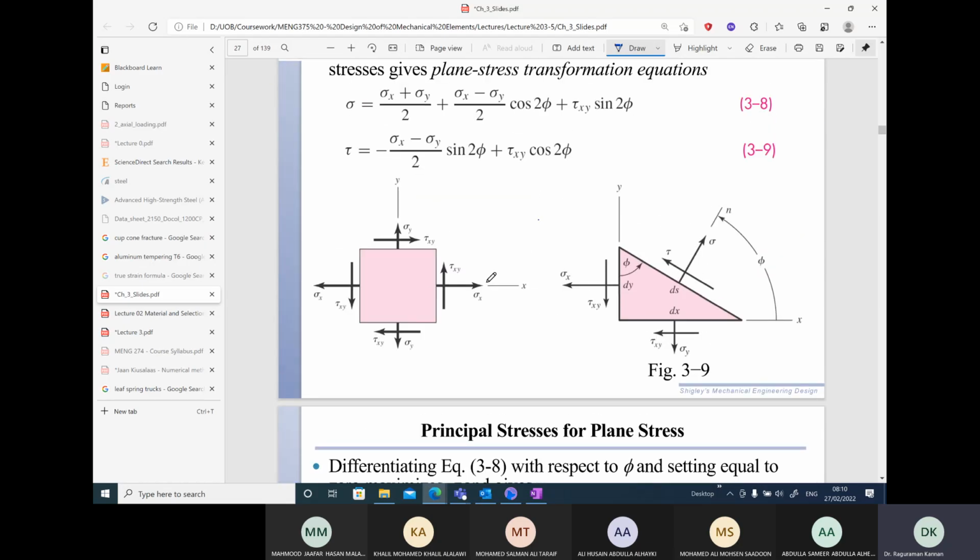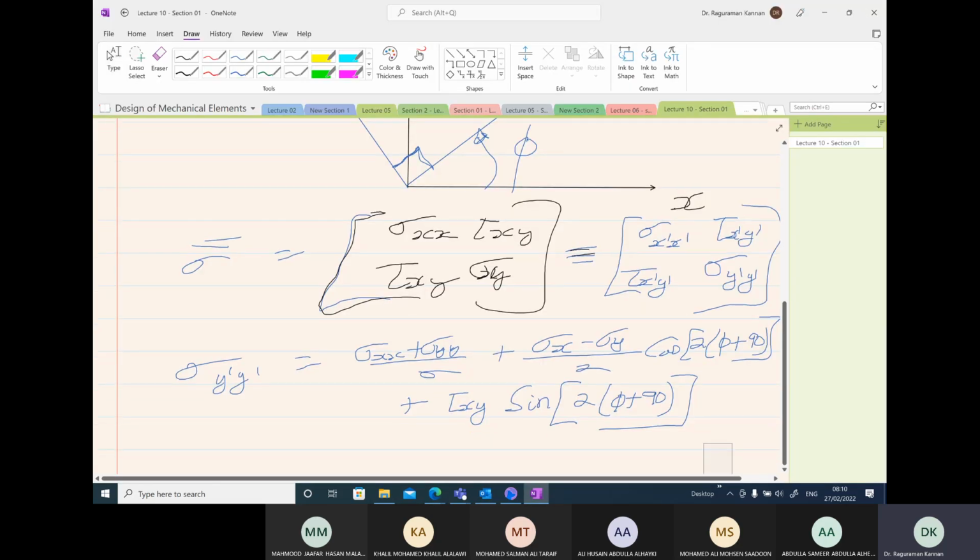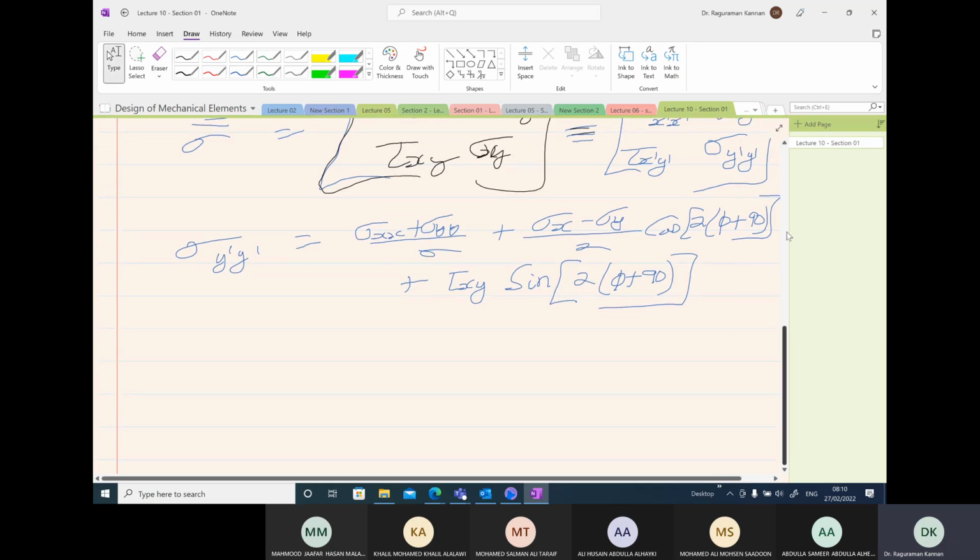How do I find the maximum principal stress direction? It is maximum when sigma assumes the maximum and minimum value. So if I differentiate this particular equation with respect to angle phi, what am I going to get? So rather I put a partial derivative here. The first term here will disappear.